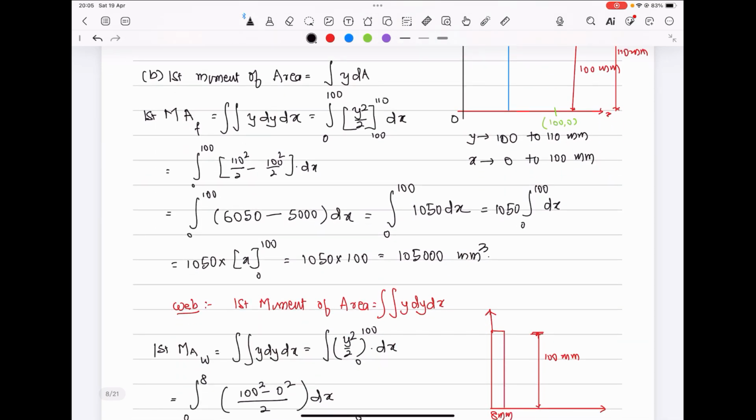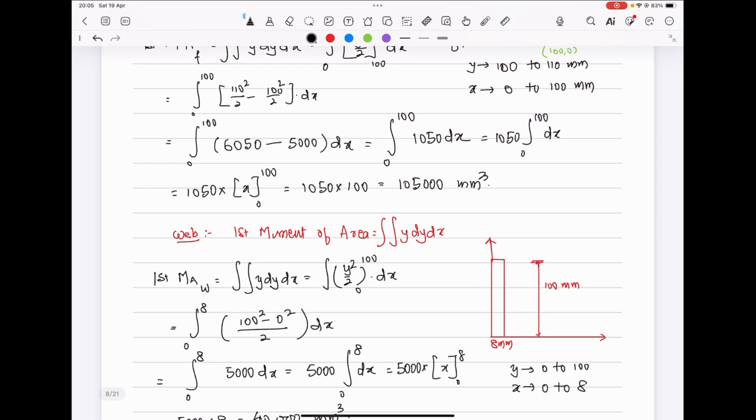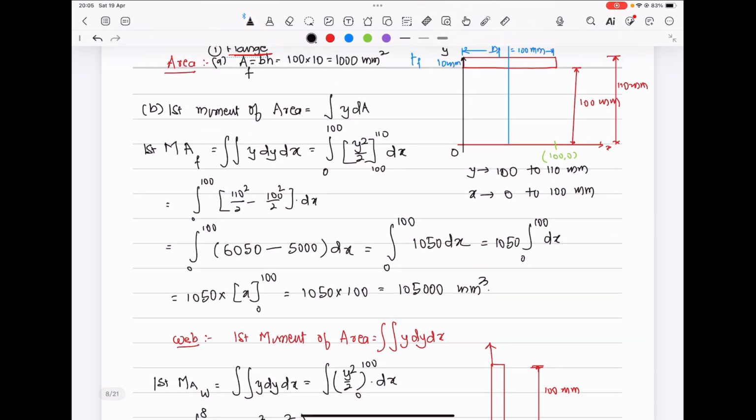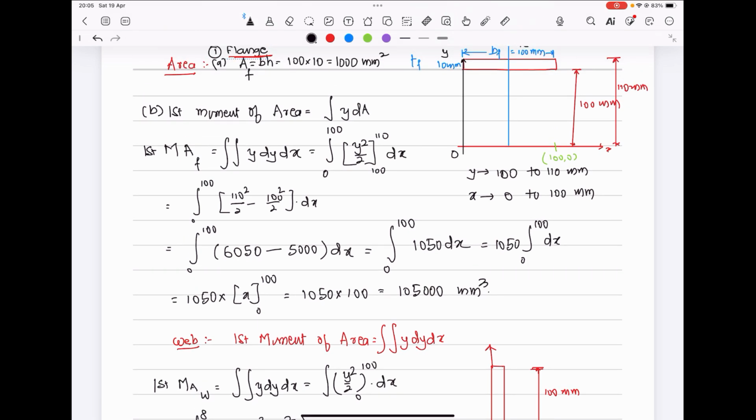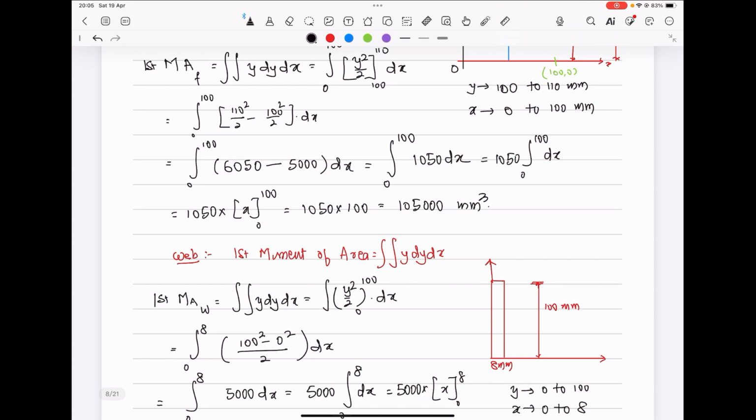Total area is: flange area is 100 into 10, which is 1000, and web area is 8 into 100, that is equal to 800 square mm.